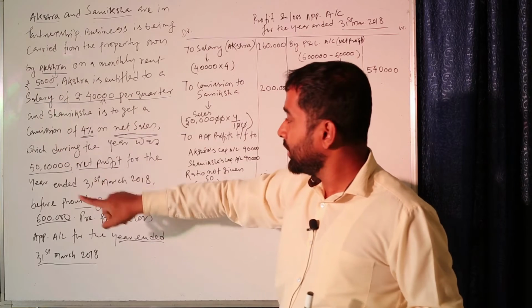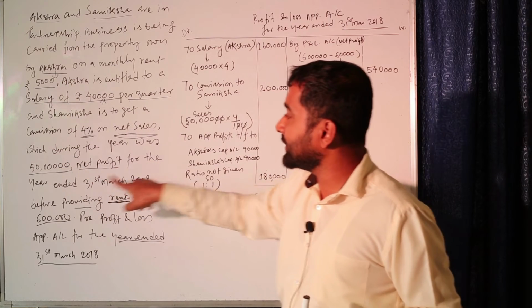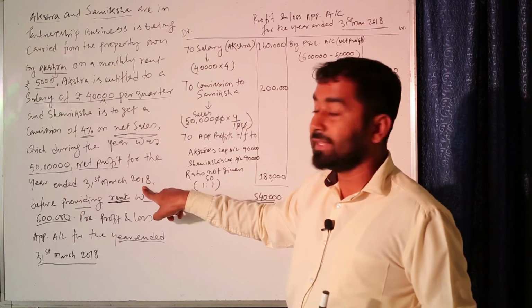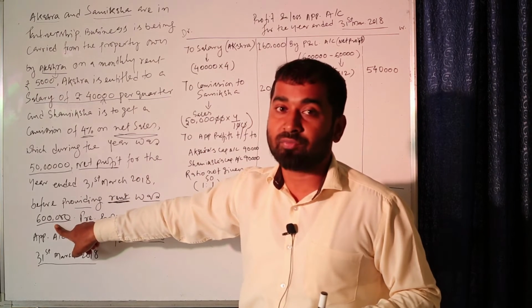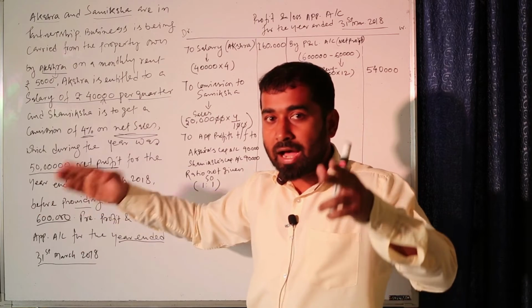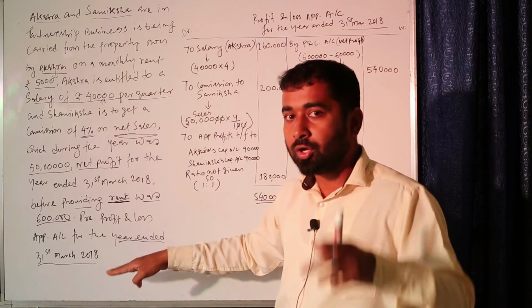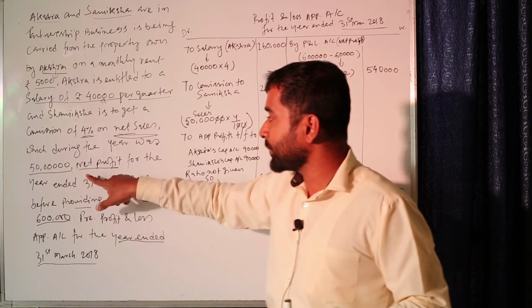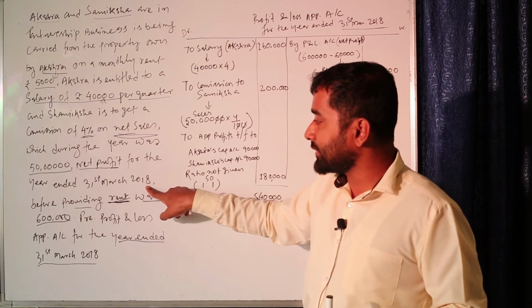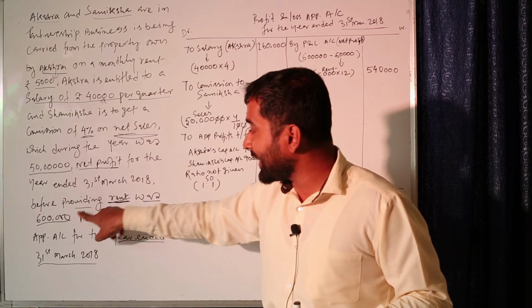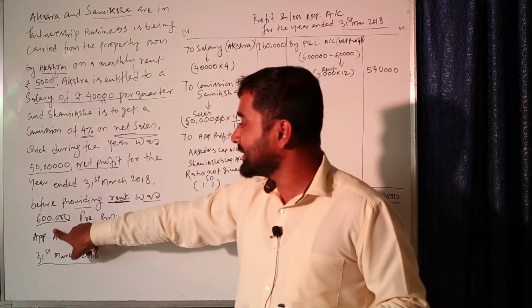Next, net profit for the year ended 31st March 2018. This is net profit, not other things. I know that when we are reading all this, it might be confusing. See here again, net profit for the year ended 31st March 2018 before providing rent was 6 lakh.